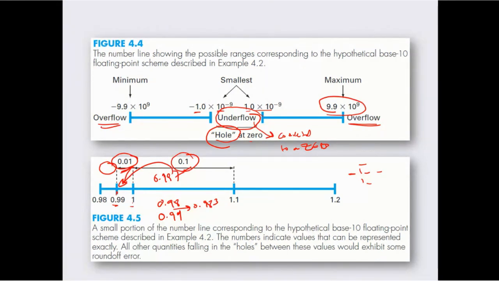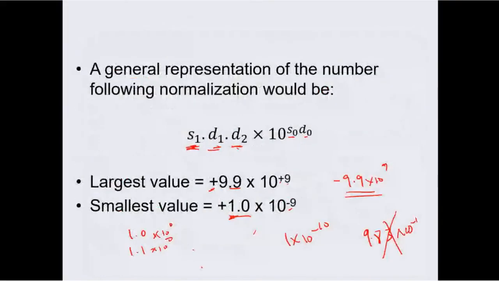So you could define 0.98, but you cannot define 1.02. You cannot define 1.08, for example, because you have 1 and then you have 1.1. So 1.0, 1.1. You cannot have these extra significant figures here. As you go bigger, the hole size becomes even bigger.